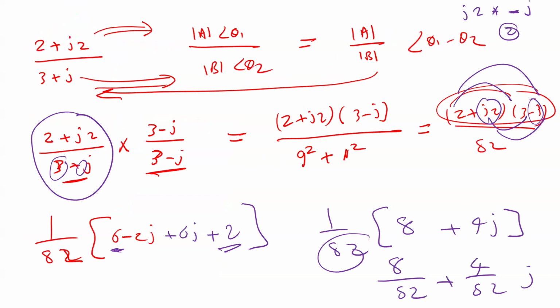Whatever the number, maybe I made a mistake, it's my fault. 3 times 3 is 9, plus 1, so it should be 10. So it's not 9 squared, it's 3 squared.